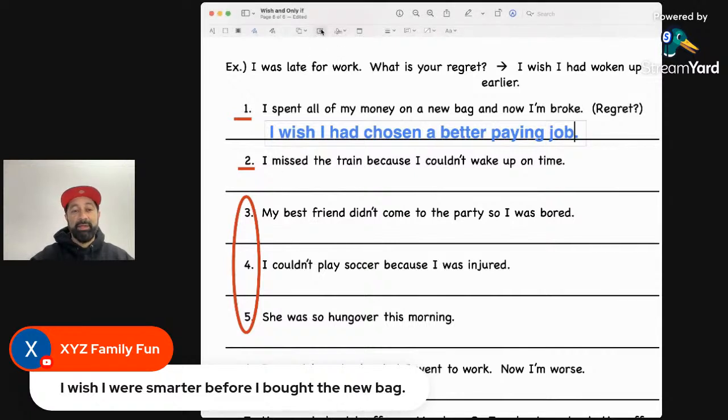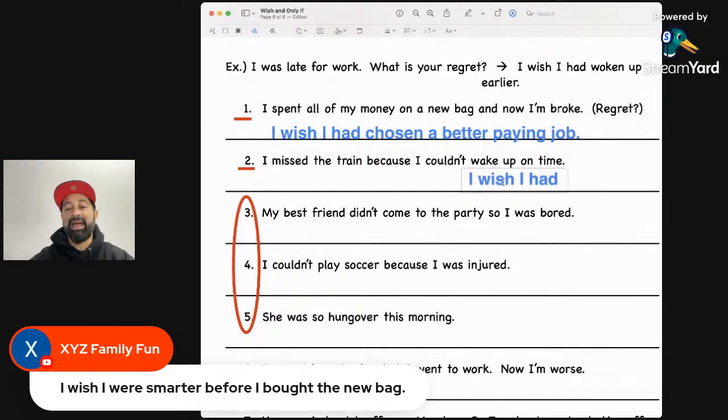In that situation, what I would say is, I'm going to put it here. This is for number 1. I wish I had been smarter. That means we're only talking about that time, at that moment.